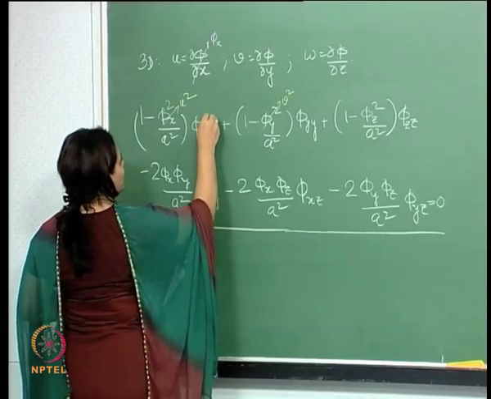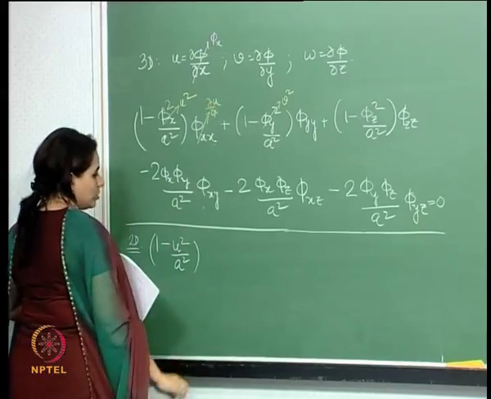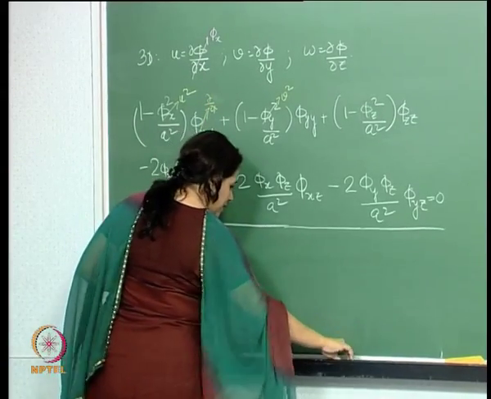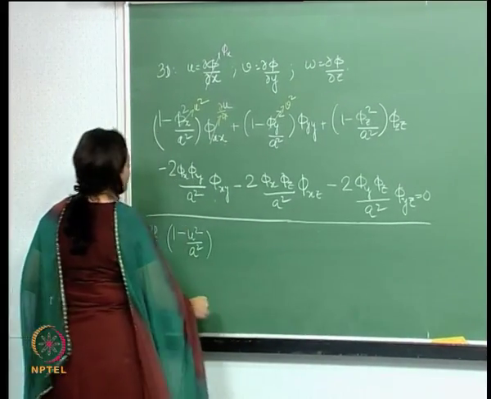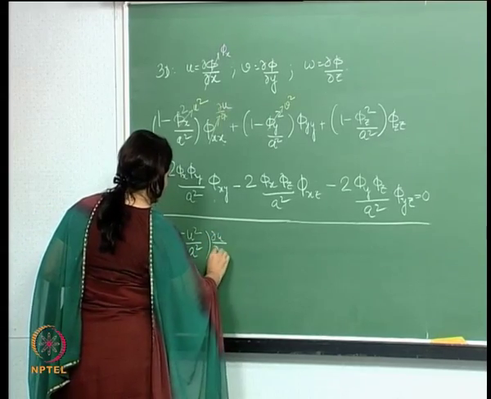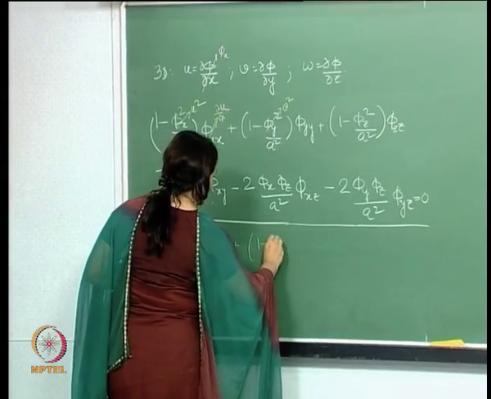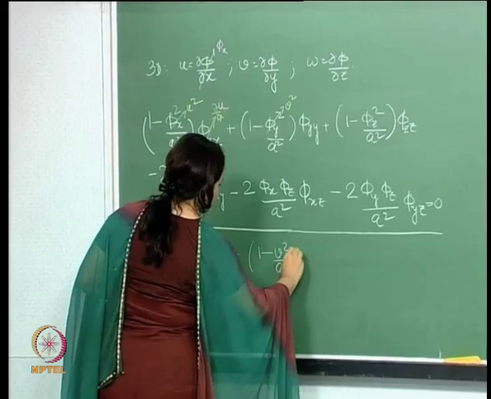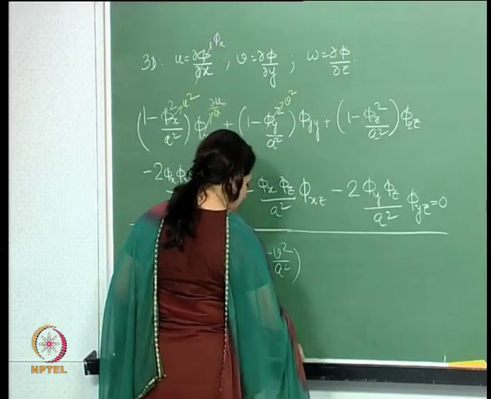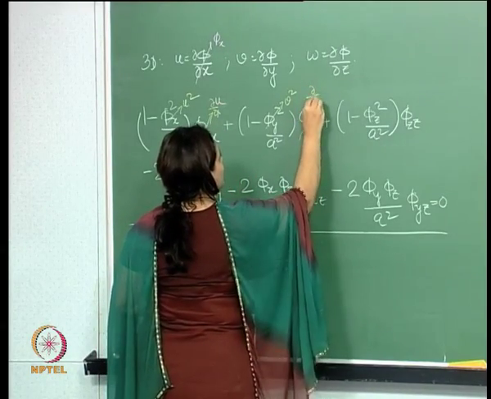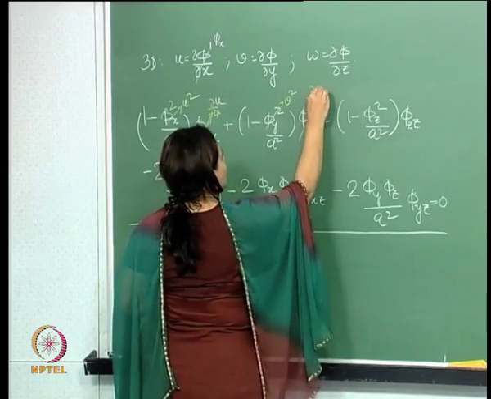This term is del x of phi x, which is u, so del u del x, plus 1 minus v square, and again this is del y of phi y, which is v.